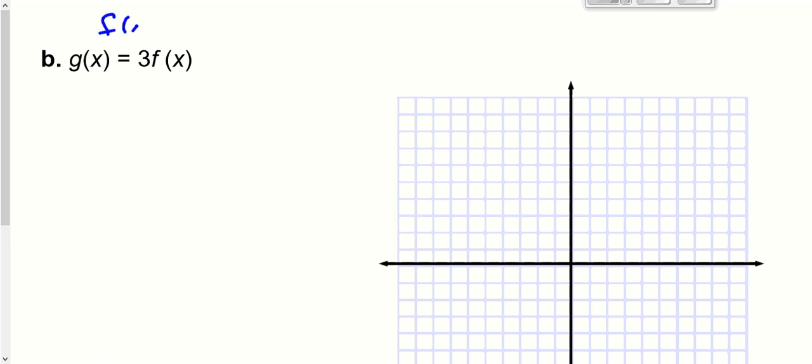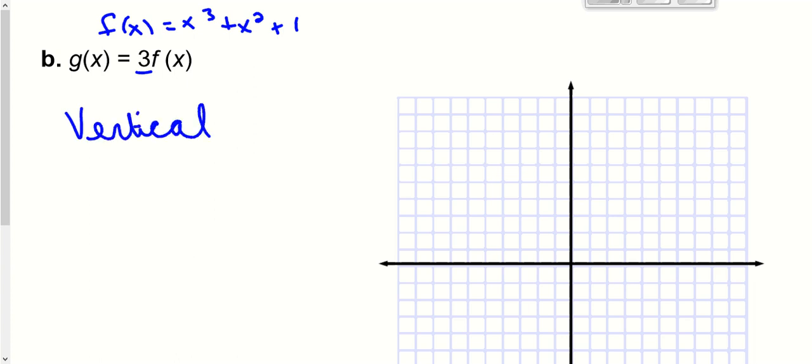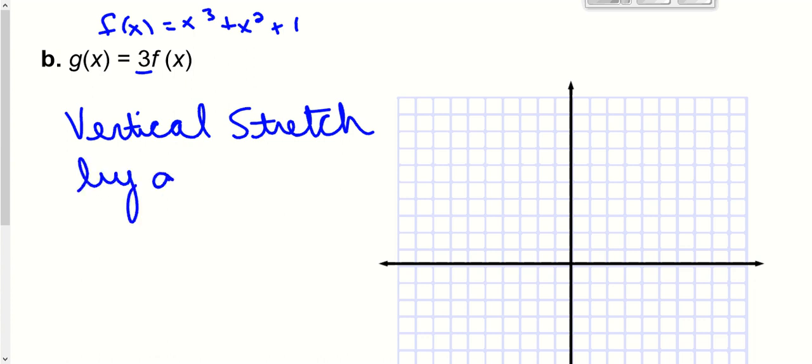So if we're starting with our f of x equals x cubed plus x squared plus 1, that 3 right there is going to be a vertical stretch. Vertical stretch by a factor of 3.